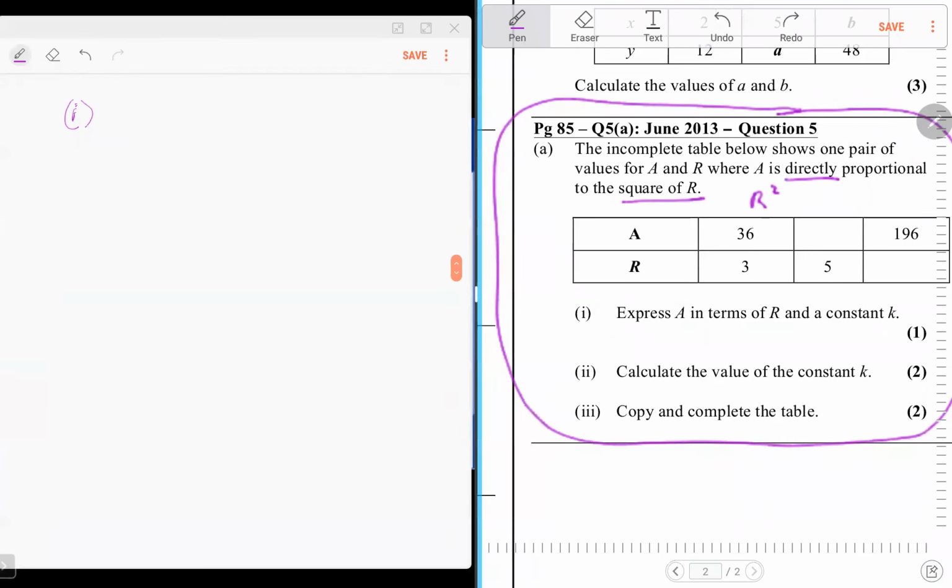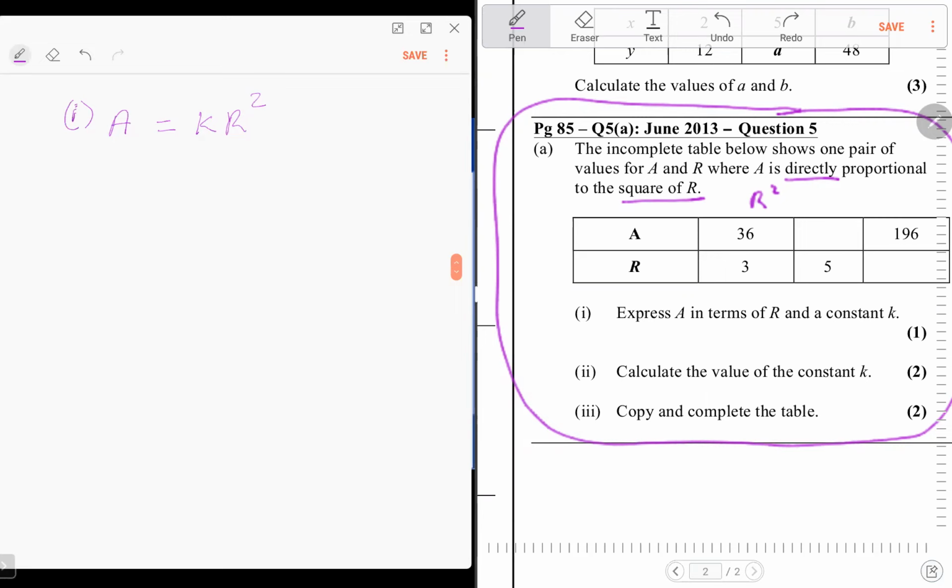So you see some questions ask you to do that. The first statement is that A is equal to a constant times R squared. As I said, directly proportional to the square of R. So that's your formula: A is equal to a constant times R squared, because they said directly.